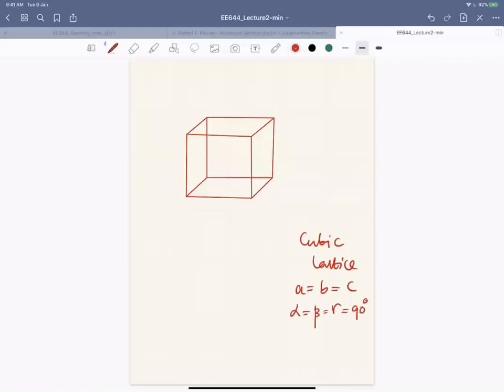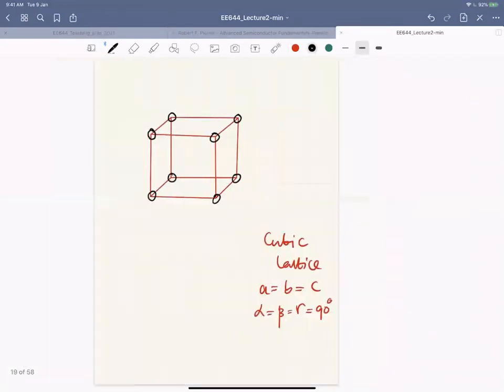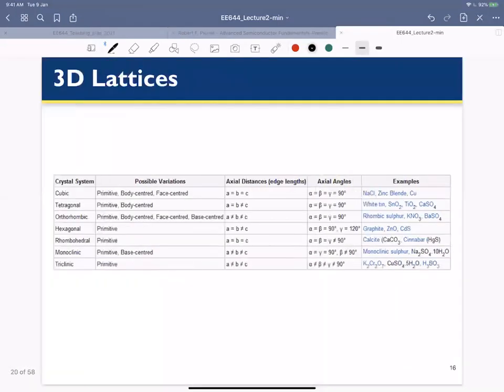But depending on the position of atoms, if the atoms are simply at the corners, this is a simple cubic. That's why this is P. So this is a simple cubic or primitive lattice, right?